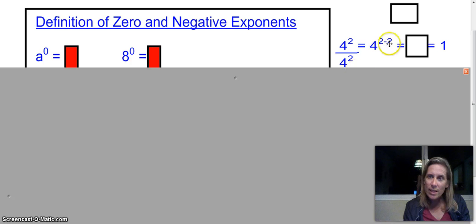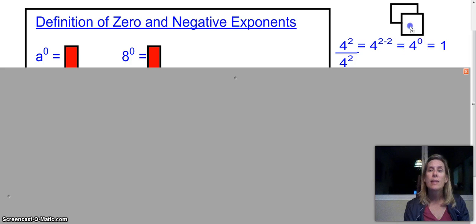Because they do, we can say that the two exponents are being subtracted by division. So what is 2 minus 2? 2 minus 2 is 0, right? So this is a small proof to show that if you have an exponent of 0, it's the same as dividing a number by itself.